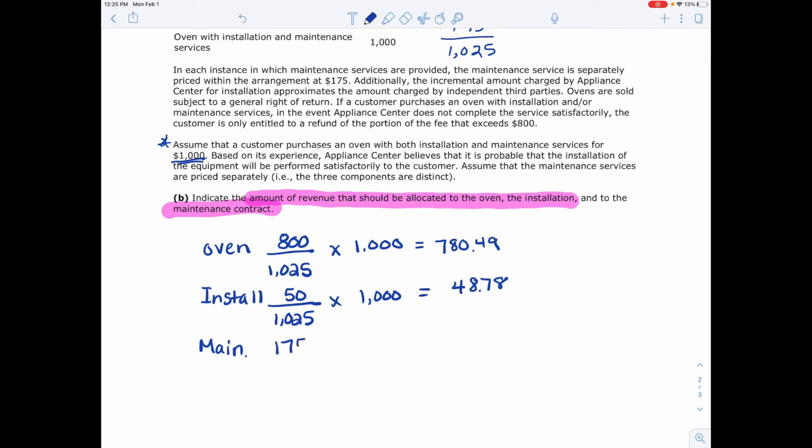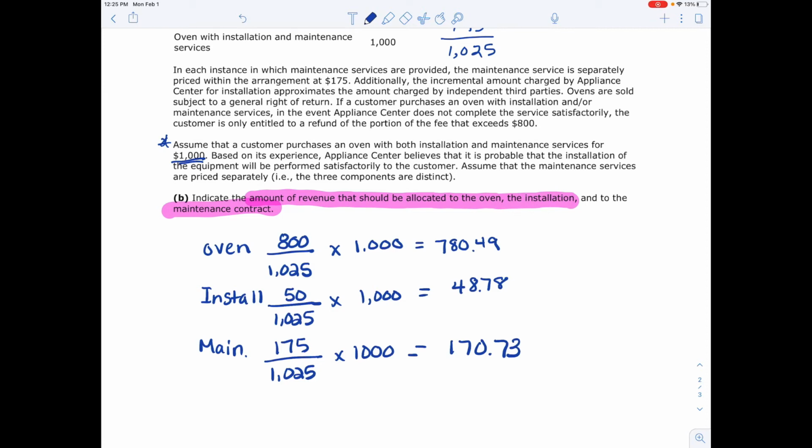That was $175 times it by the 1,000, and we're going to get 170.73.